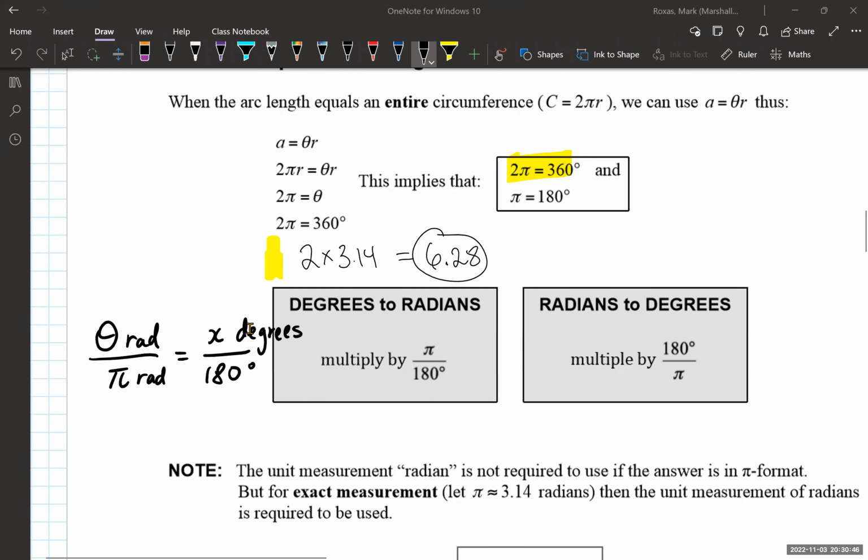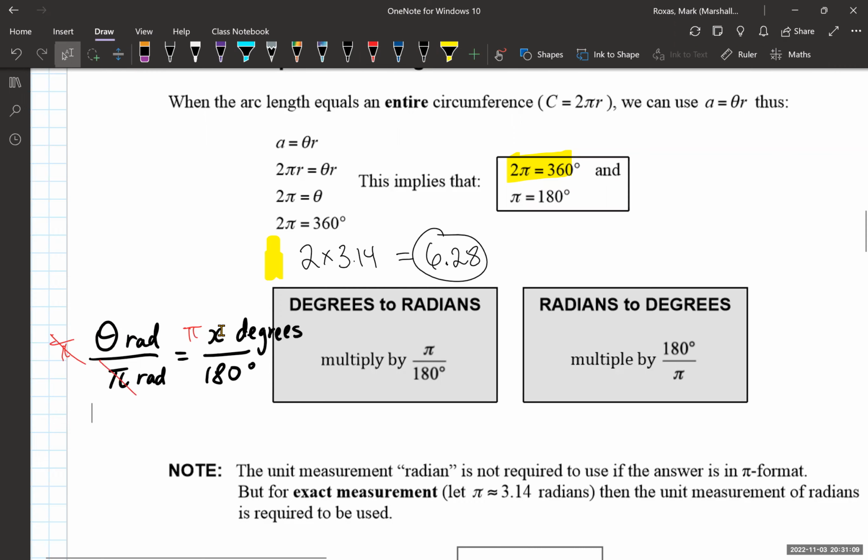If I'm converting from degrees to radians, I multiply both sides by pi, and the pi's cancel. So the number of radians is just pi divided by 180 times the number of degrees that you have.